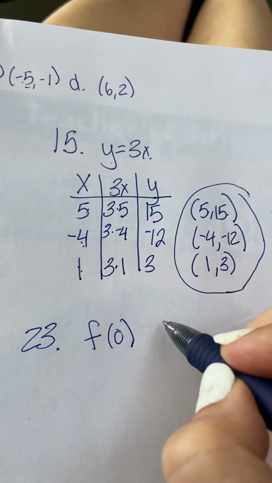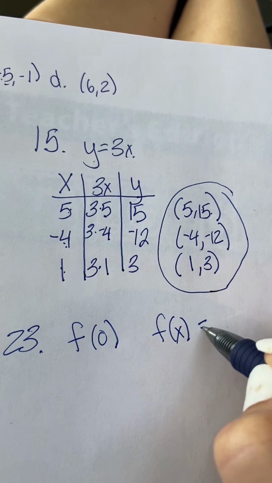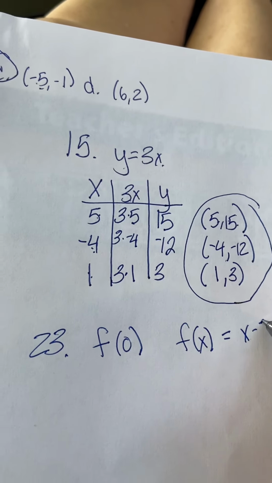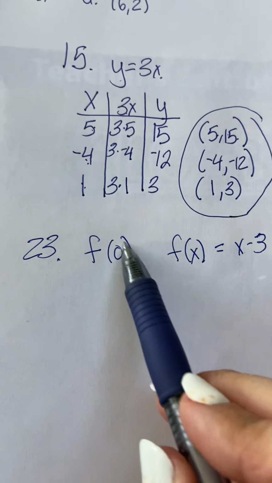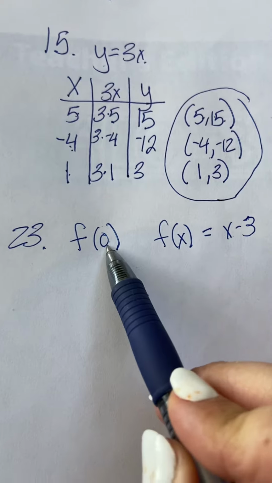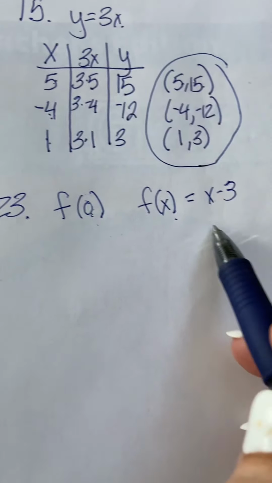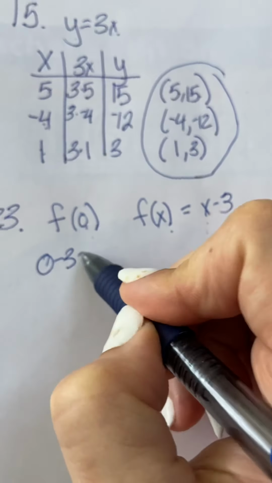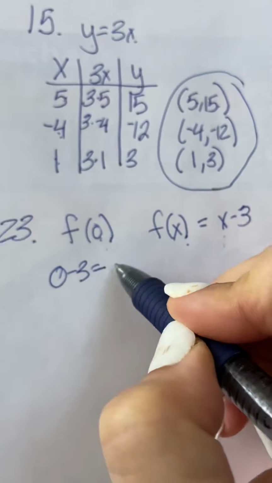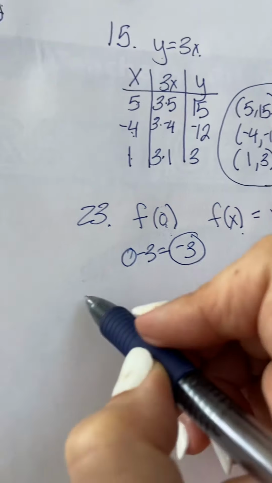Here, whatever number is inside the parentheses, I'm going to put in for x. So I do 0 minus 3. 0 minus 3 equals negative 3. And that's my answer for 23.